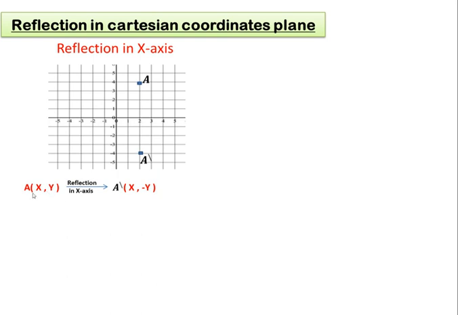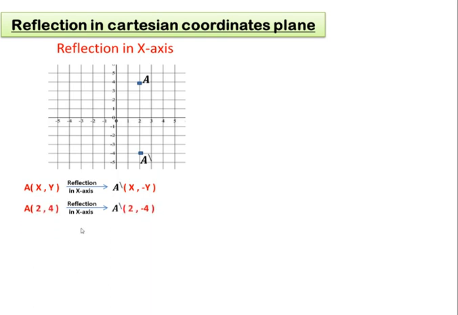We can use this rule to find the reflection in the x-axis without locating the point on the coordinate plane. If we have a point A (x, y) and we reflect the point in the x-axis, then x is the same, x doesn't change, and y becomes negative y.